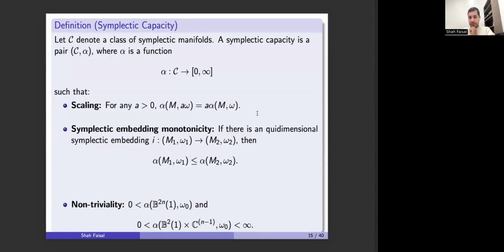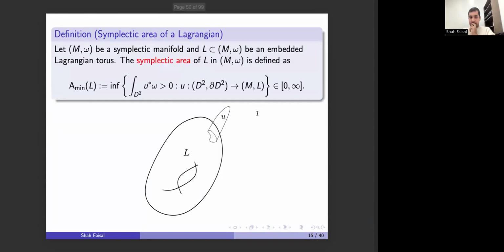Okay, so I'm going to define one using Lagrangian submanifolds. Let's define the symplectic area first. Take a symplectic manifold M and a Lagrangian submanifold L, and you can define a number. You look at smooth disks in your manifold with boundary on the Lagrangian, as in the picture I have shown. But you look only at those smooth disks which have positive symplectic area, so the integral of the symplectic form is positive.